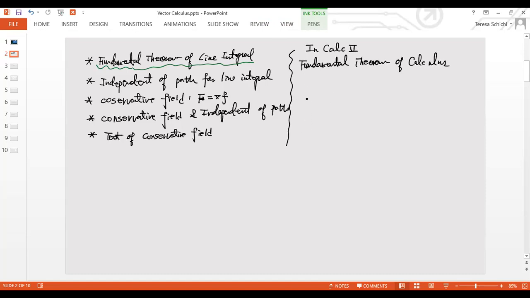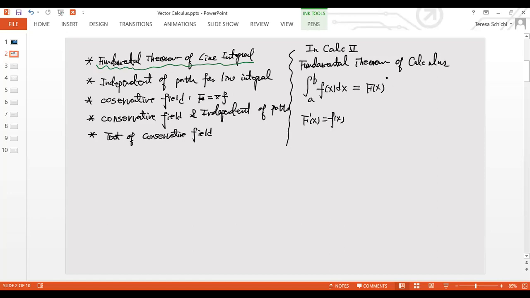We said if you integrate f of x dx from a to b, and there exists an antiderivative of the lowercase f, call it capital F, that means F prime of x equals f of x.